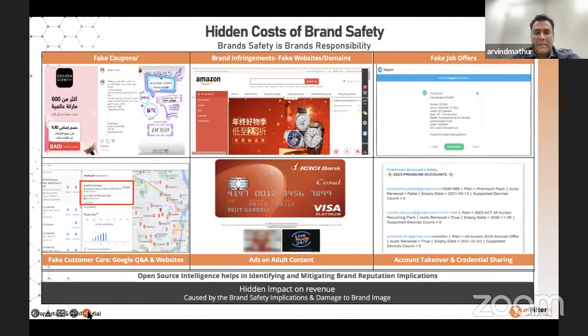And it doesn't just stop at ad fraud. Then there are use cases of brand safety as well, which means we've seen instances where fake coupons were being used to change attribution journeys, right? There are fake websites portraying Amazon, for example, taking the logo, having the same look and feel.